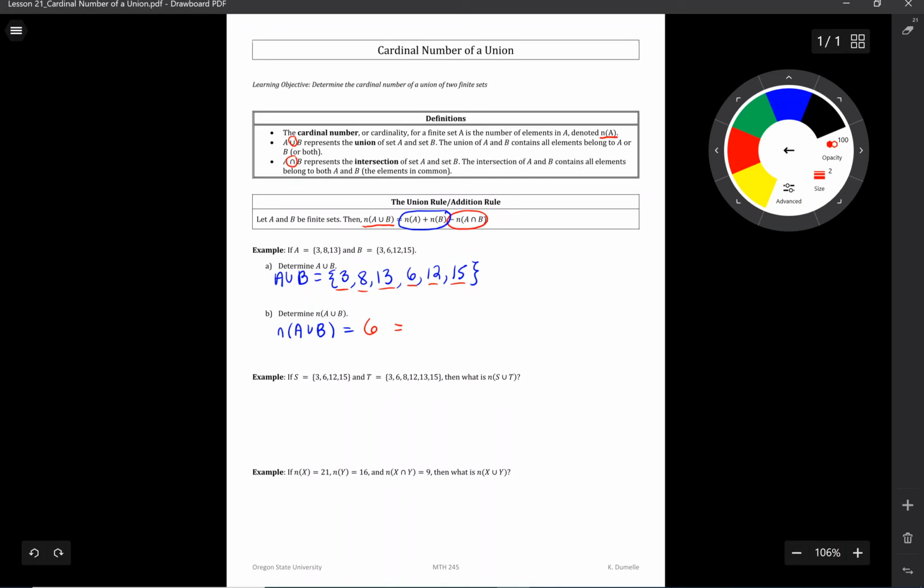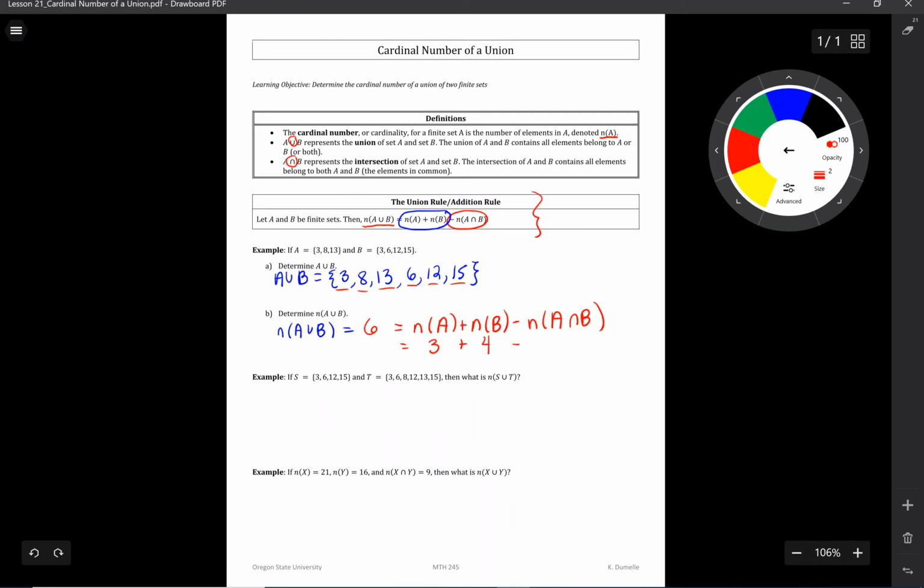But I could also figure this out by using our rule up here. This is the number of elements in A plus the number of elements in B minus the number of elements in A intersect B. I see that in A, I have 3 elements. In B, I have 4 elements.